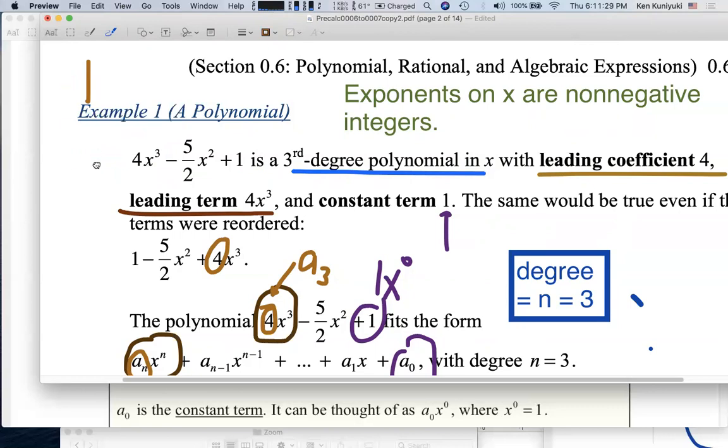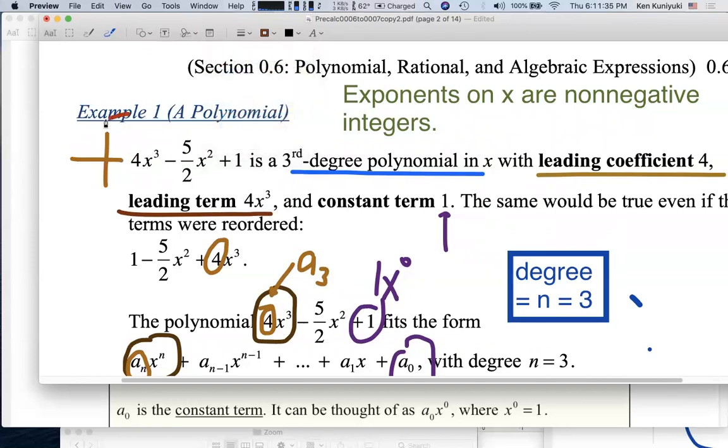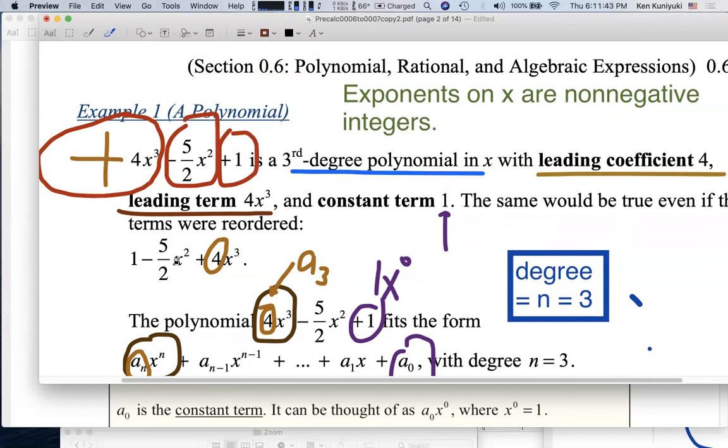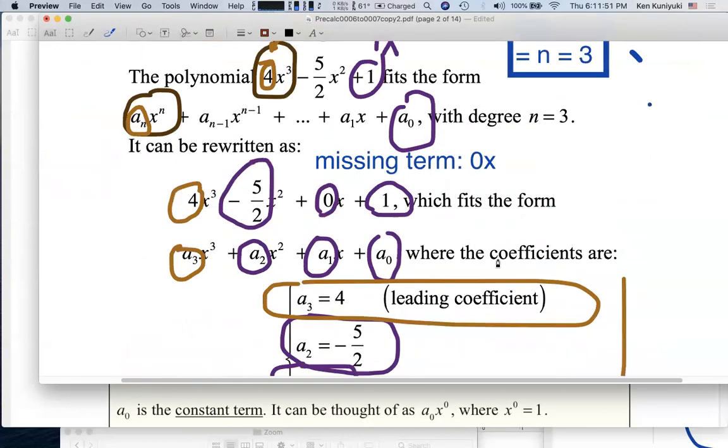All right, so we have an implied plus sign here, all right? We have 3 terms. The 3 terms are 4x cubed, negative 5x squared, and positive 1. So 3 terms. Okay. And each term corresponds to a primary plus or minus sign in front. There's an implied positive sign in front here. All right.